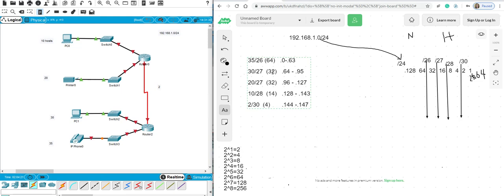This one, 64 plus 32, bring that down. 96 plus 32, bring that down. 128 and 14, and bring that down to 144. Otherwise, you'll start looking at this and getting it all kind of mixed up. But you have to remember you have to accommodate for 32 numbers on this line, 14 on this line, 4 on this line, and so forth. So these are each of our network numbers.